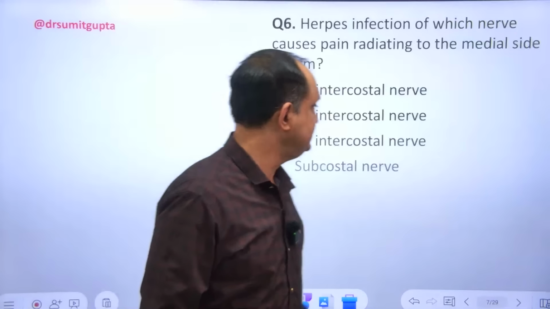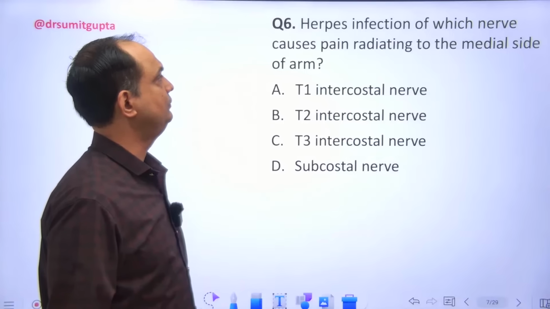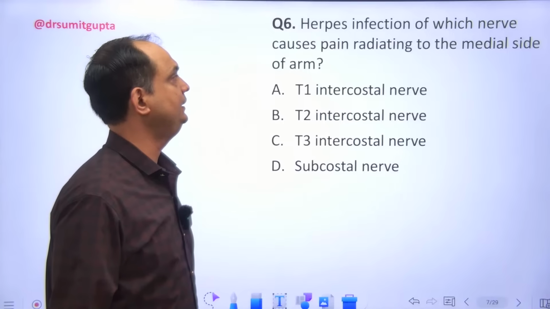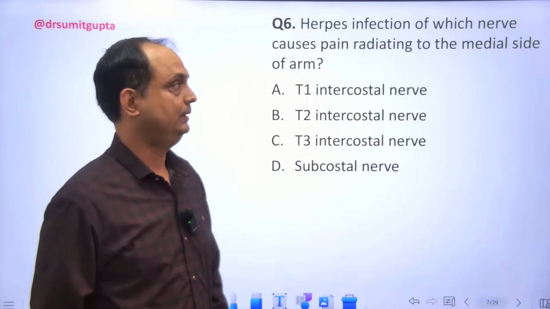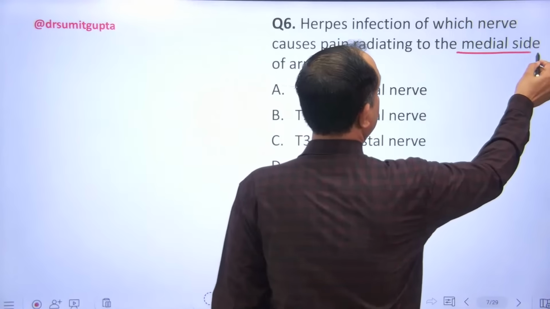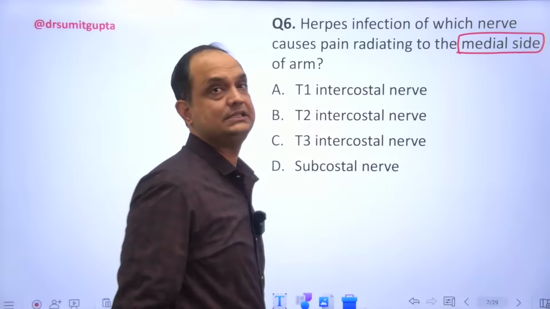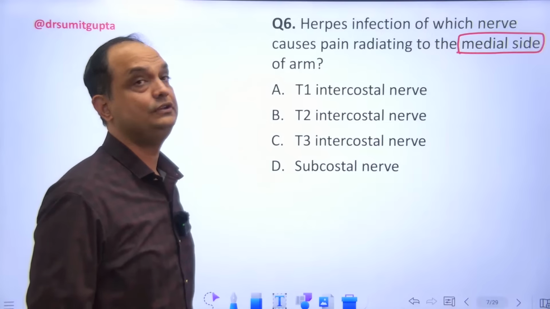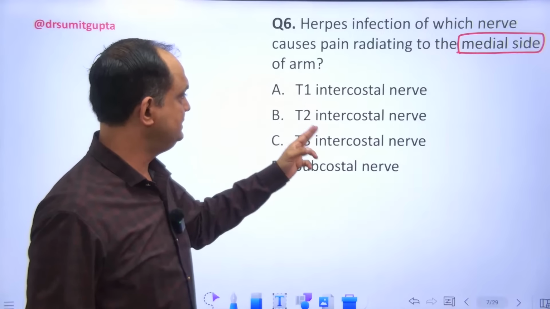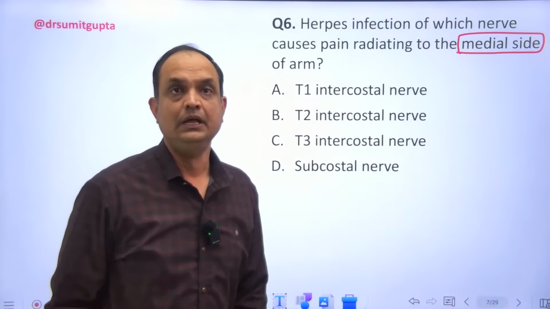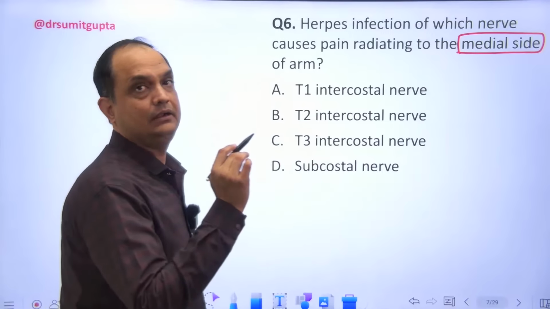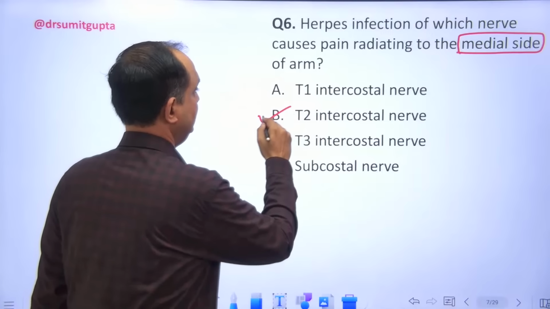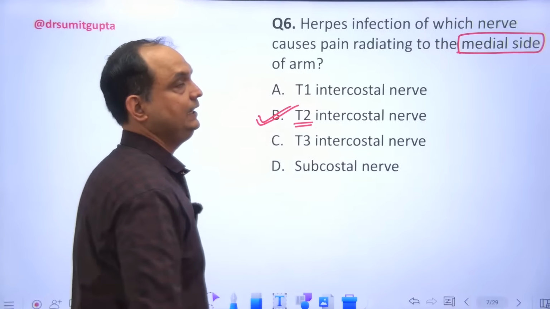Now the next question is, herpes infection of which nerve causes pain radiating to the medial side of the arm? Now see, when we are dealing with the medial side of the arm, the herpes infection of which nerve? When you see these four options, it is actually the T2, that is known as the intercostobrachial nerve.